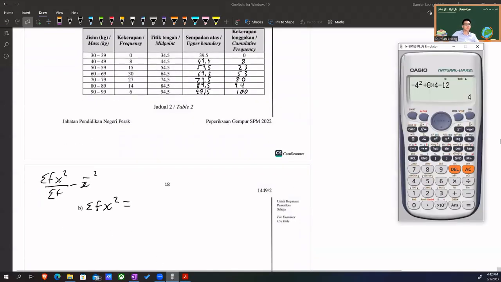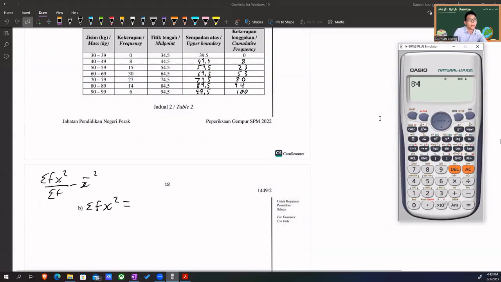Each frequency I times with the midpoint squared, and then plus together. So 0 I don't need.